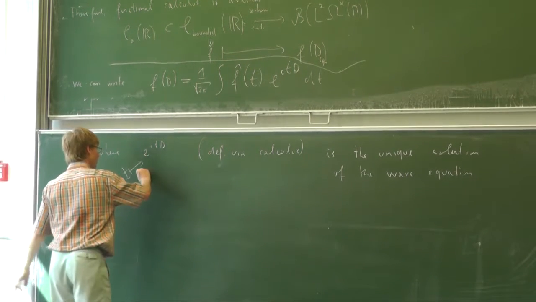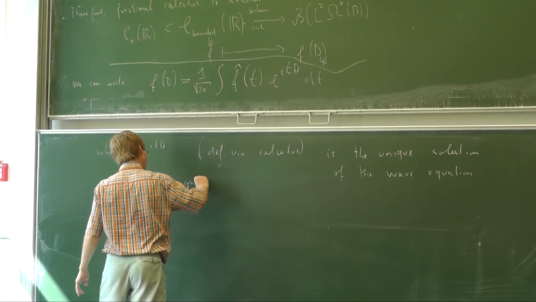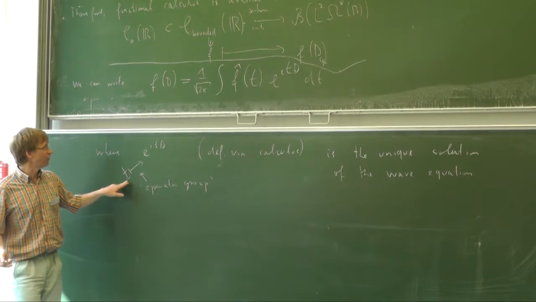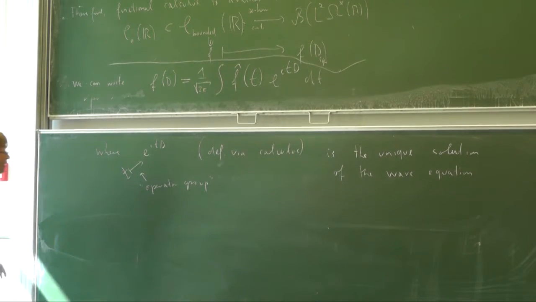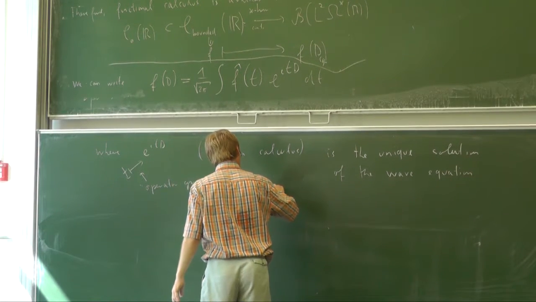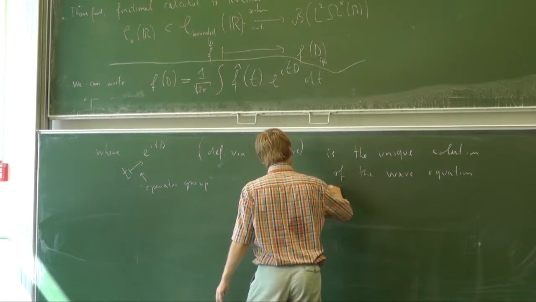Turns out that's an operator group. Some of the analysts call this just a homomorphism from the additive group of the reals to unitary operators on the Hilbert space. And if we differentiate this, we get back i D times e to the itD.